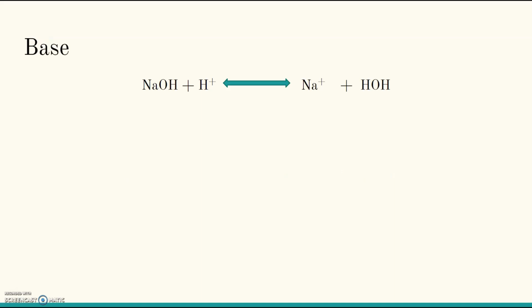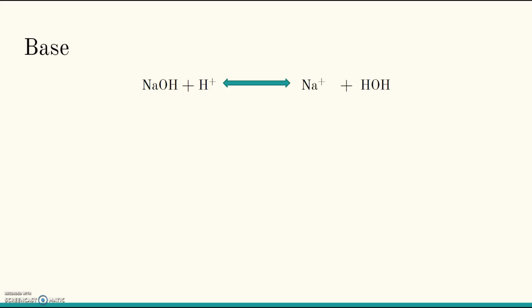Next, we have an example of a base. Now, this is a very strong base. This is a base that's called sodium hydroxide. When sodium hydroxide dissolves into solution, it ends up losing its sodium ion. Its sodium ion will stay in that water. It'll be floating around there and it won't do anything else.